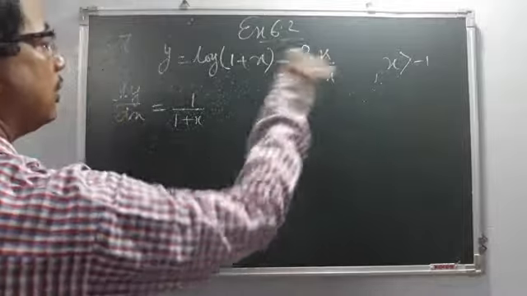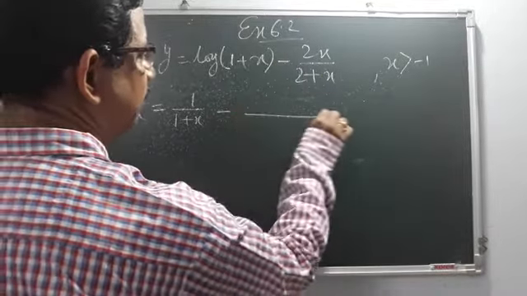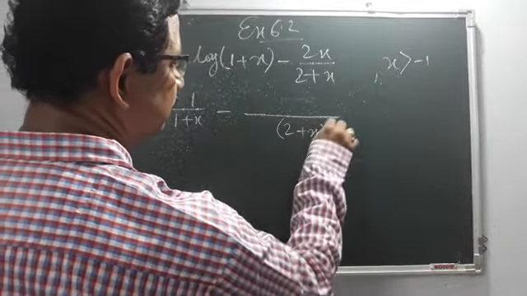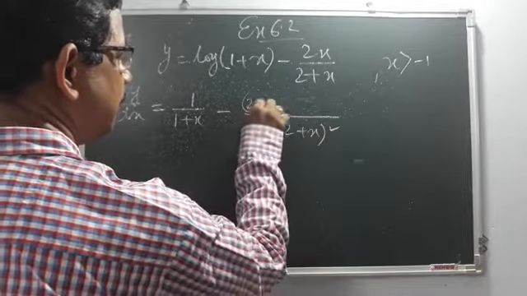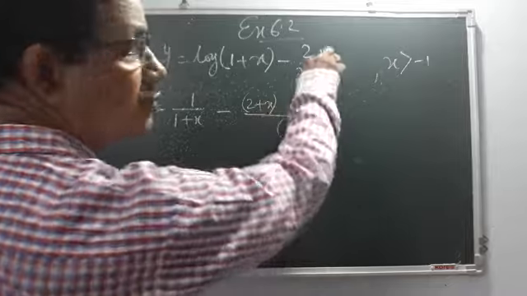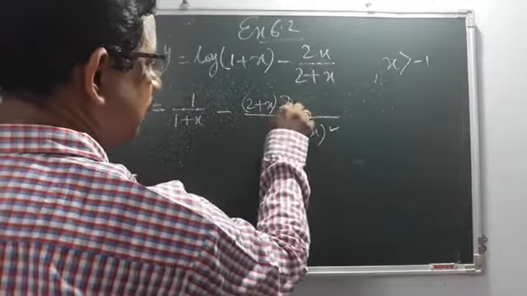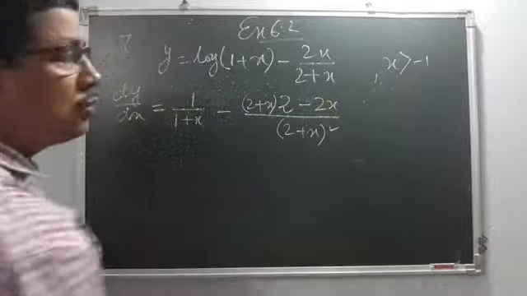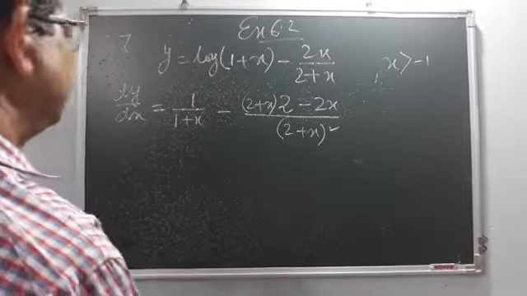Now if we differentiate this one, by the u by v form, v square in the denominator. Keep v, differentiation of 2x is 2 only, minus 2x, you keep the differentiation of 2 plus x, which is 1.